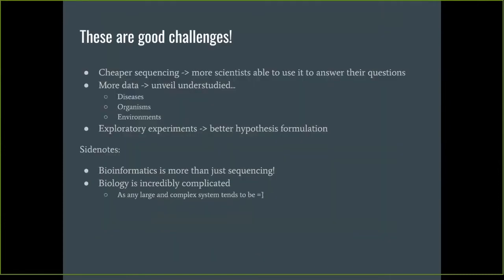So these are good challenges, and we need not only better algorithms, but better tools for helping scientists actually explore and understand all this biology. And that's another important distinction, that sequencing is only one of the methods available for generating data, but bioinformatics is as extensive as biology itself.